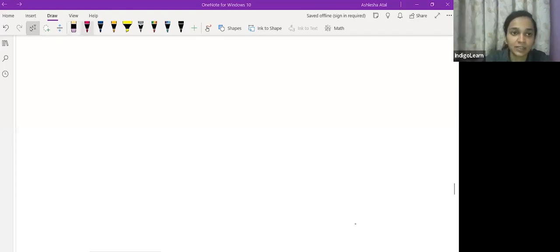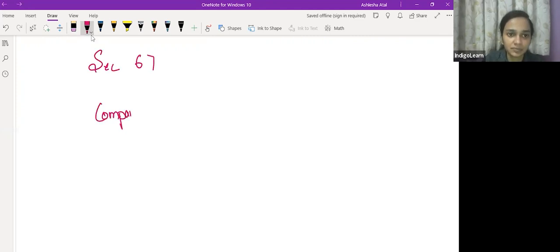So the next section which we will talk of now is section 67, which talks of certain restrictions which are put on the company to purchase its own securities. Now, say for example, there's a company, और ये company का share.